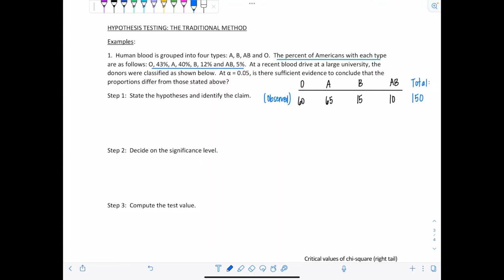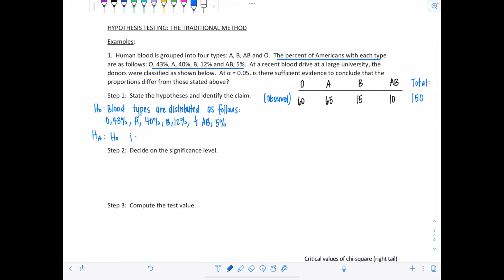So for H naught, I'm just going to say blood types are distributed as follows: O, 43%, A, 40%, B, 12%, and AB, 5%. My alternative hypothesis is just going to state that H naught is not true.